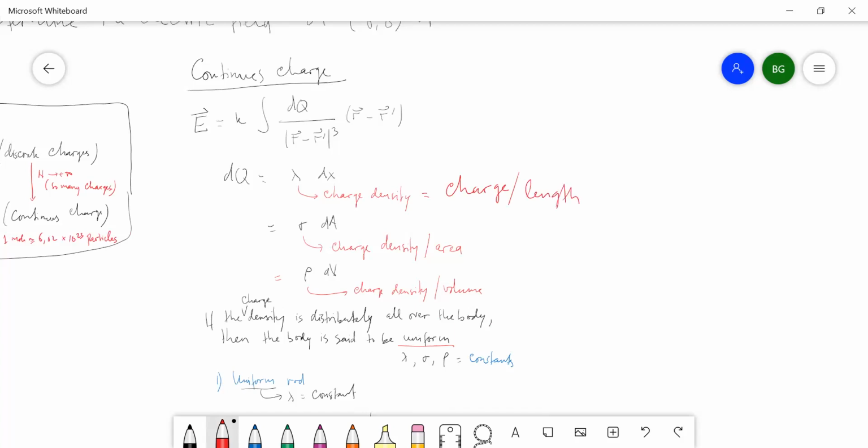Sigma is a charge density, a charge per area. And finally, this rho here is a charge over a volume.